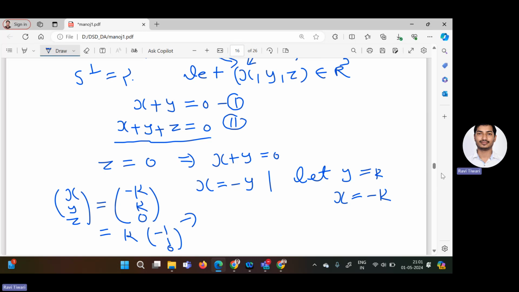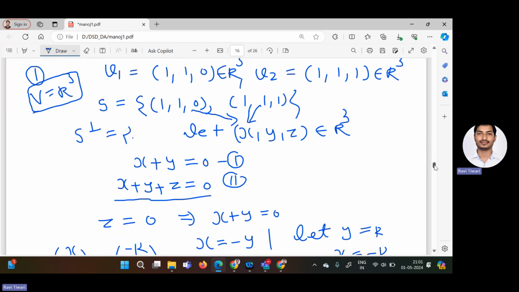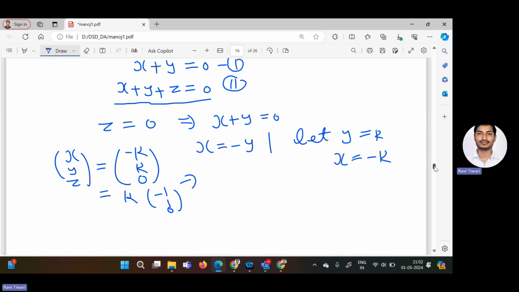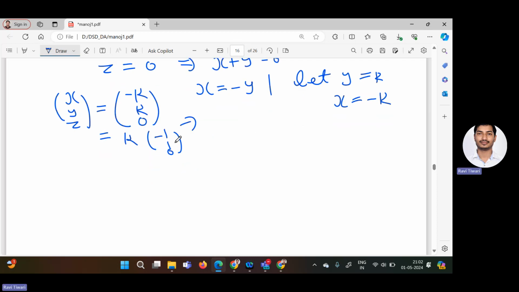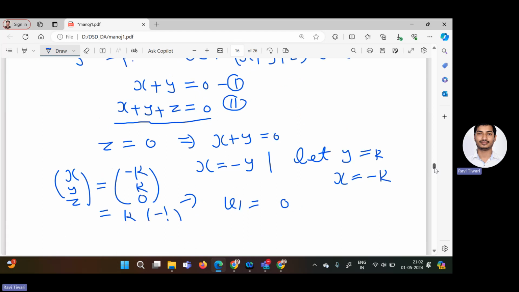One more thing I will discuss, and also you can verify your answer. If you check the obtained basis minus 1, 1, 0 and 1, 1, 0, the inner product is in the space of this S complement. What was V1? V1 was given as 1, 1, 0.